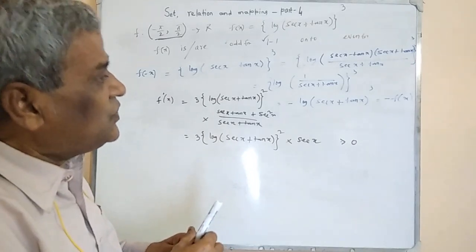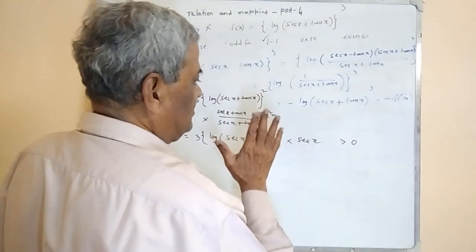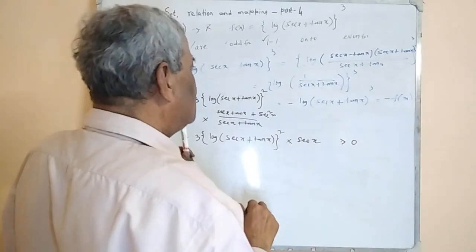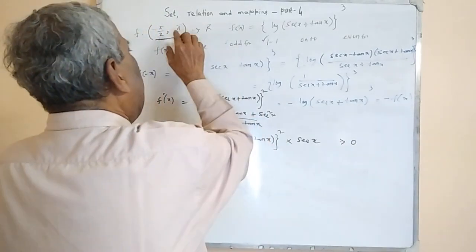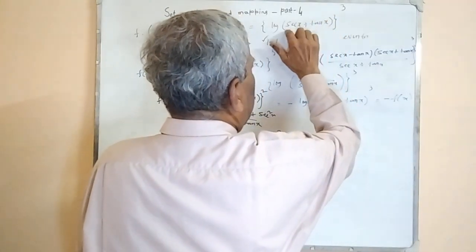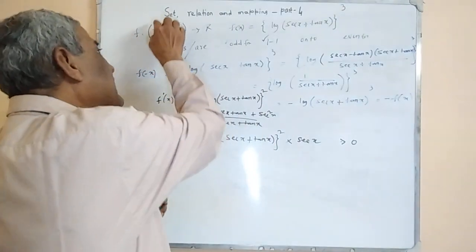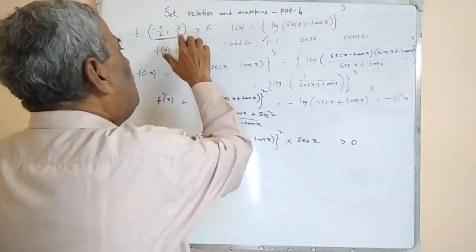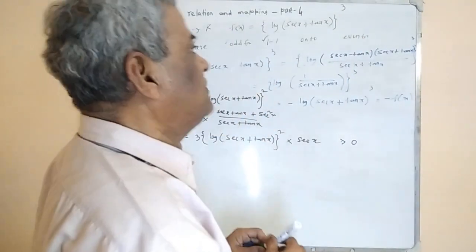Now we see whether it is onto or not. The function is continuous. For x equal to minus pi by 2, this is minus infinity whole cube. So when it is very near to minus pi by 2, it goes almost to minus infinity, and for plus pi by 2, it goes to plus infinity.